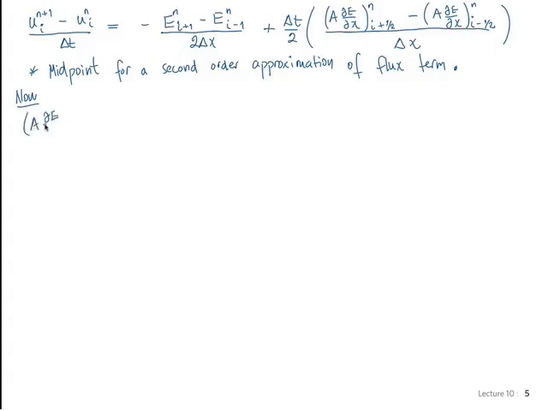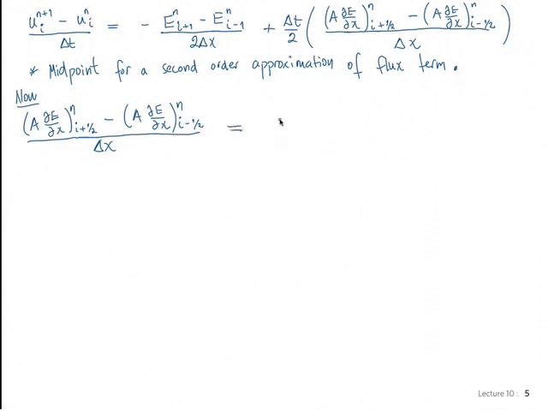A dE/dx at n, I plus 1/2, minus A dE/dx at n, I minus 1/2, divided by delta x, and we're going to use the following approximation.